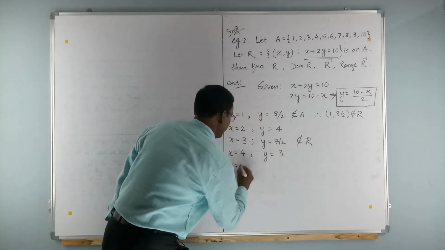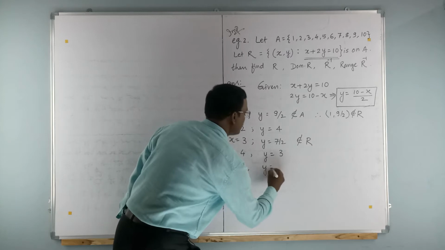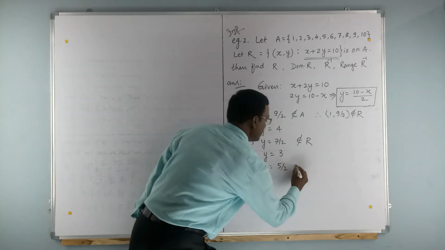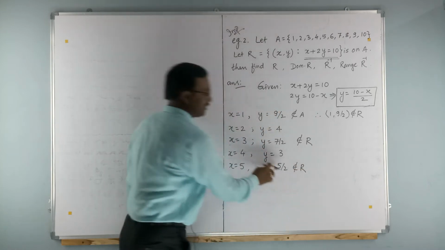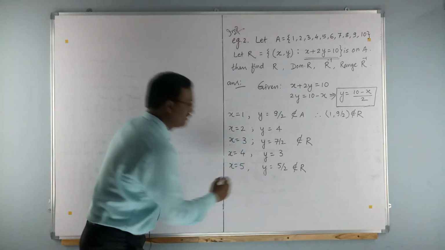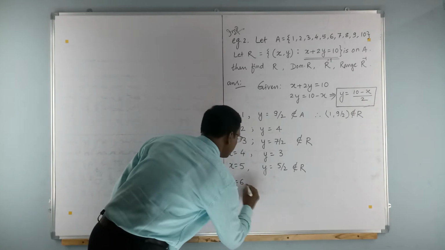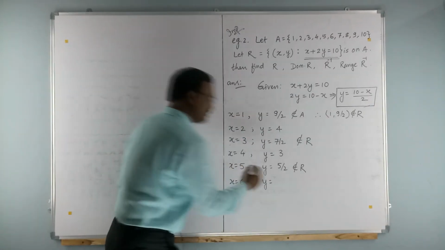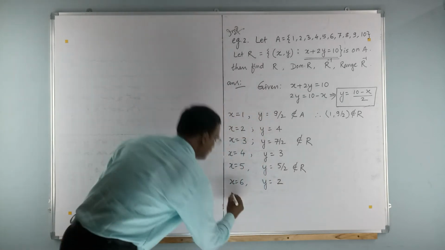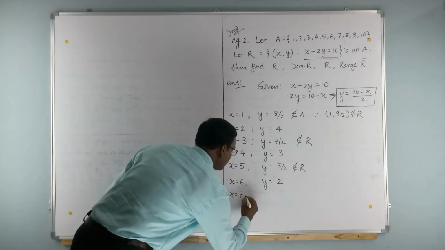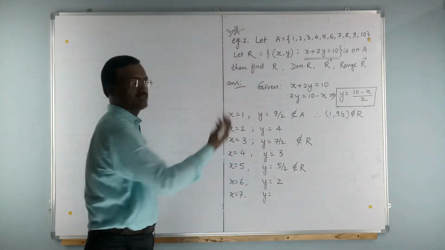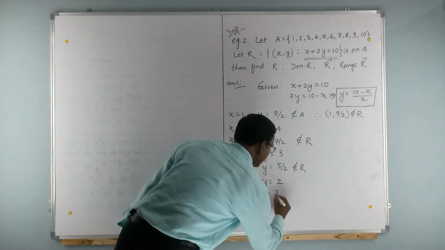Then x equal to 5, y is equal to 10 minus 5, 5 by 2. Again, this does not belong to the relation because 5 by 2 is not in A. Then x equal to 6, so y equal to 10 minus 6, 4, 4 by 2 is 2.